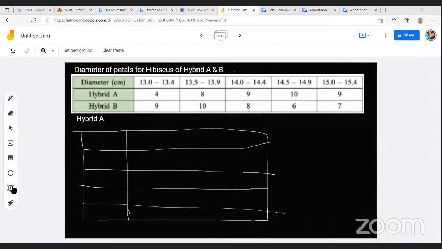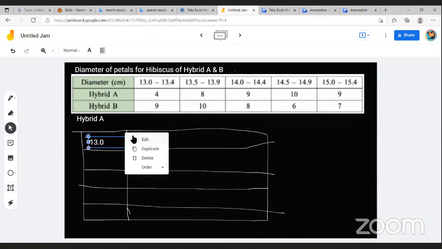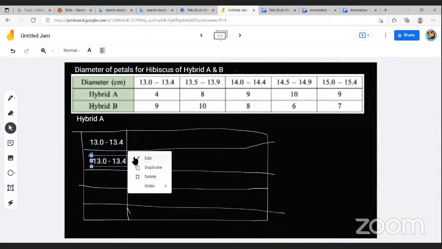So hybrid A. Basically you start with listing out all the classes, but you don't really need to do the whole thing unless they ask you to make a whole table. But for the sake of explanation, I'll be doing it all in a table.